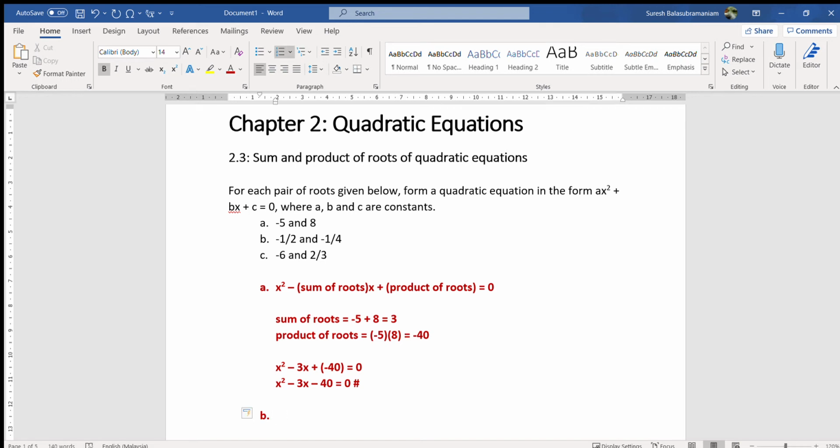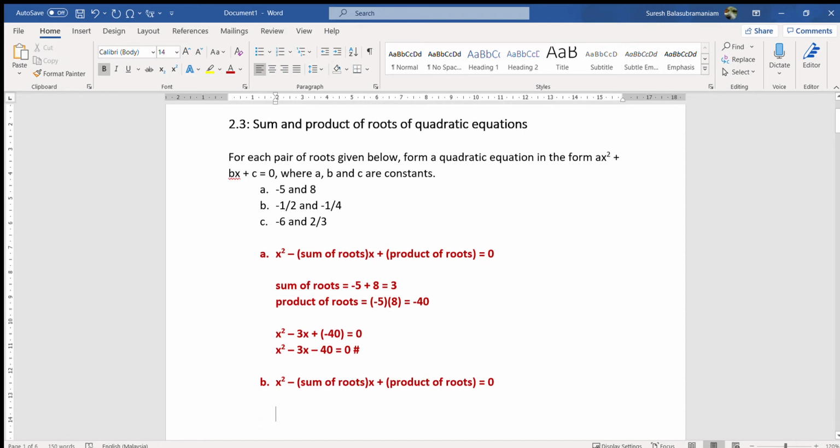So I'll use the same formula, this formula. So copy and paste it here, and I'll find the sum of roots. So -1/2 plus -1/4.